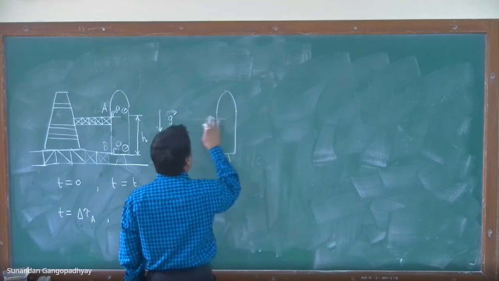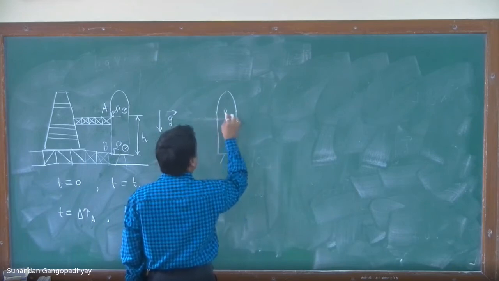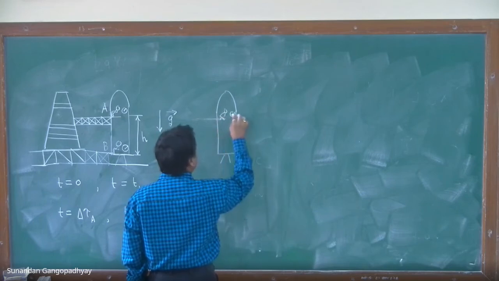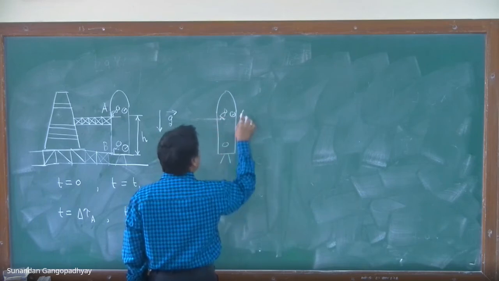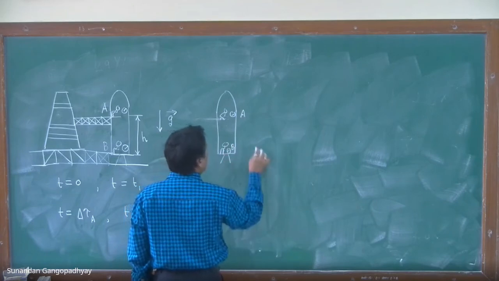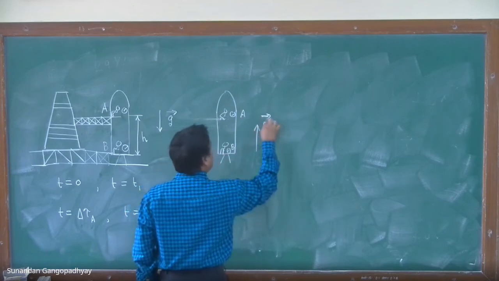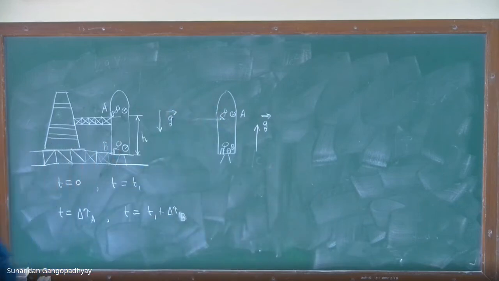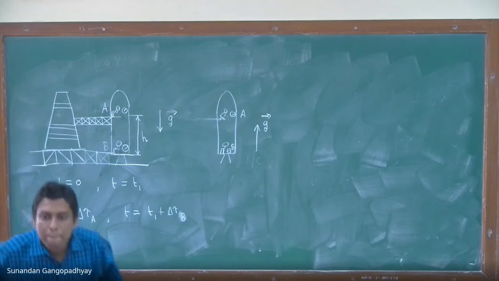This is just for your reference. Alice is sitting here with her clock, and Bob is here. This is A, and this is B. He is now uniformly accelerating upwards. Sir, you have not considered any gravitational field here.